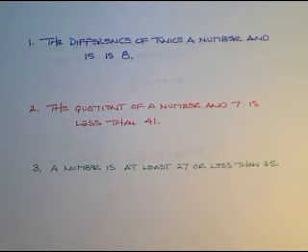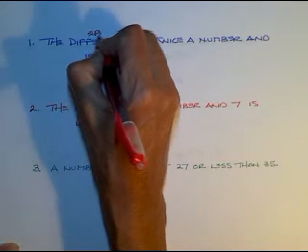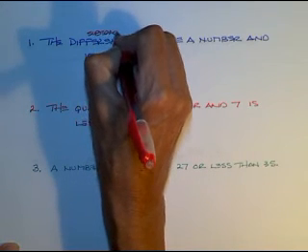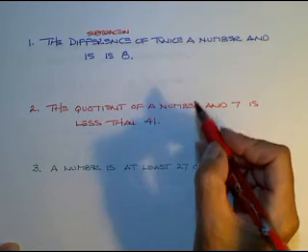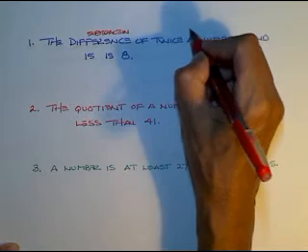So let's take a look at your worksheet. And we're going to start with the first example. The first one says the difference of twice a number and 15 is 8. So let's take a look at some of the things that we already know. Difference means subtraction. Twice a number, well, we'll just have to pick a variable for the number. We'll say x.